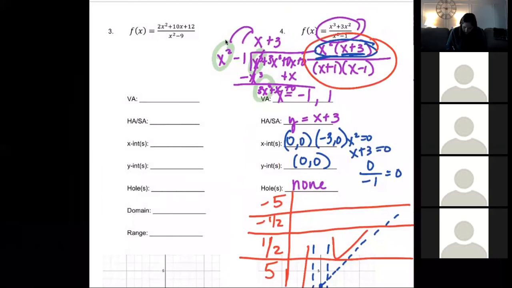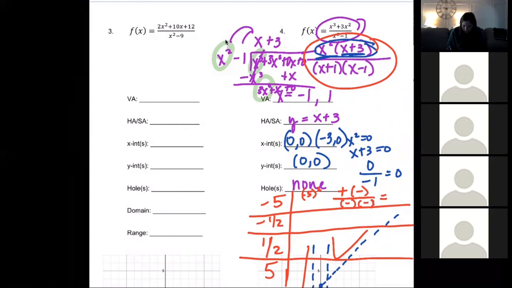I would have -5 squared, which would end up giving me a positive, because a -5 squared is positive, times -5 plus 3, which would be a negative, over -5 plus 1, which is negative, and -5 minus 1, which is also negative.